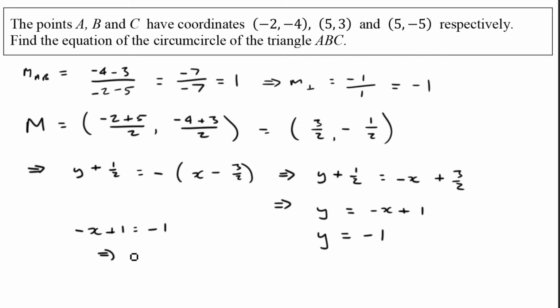In other words, -x is -2, so therefore x is 2, and the centre of the circle has coordinates (2, -1).